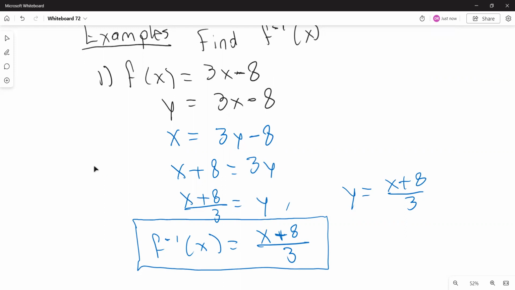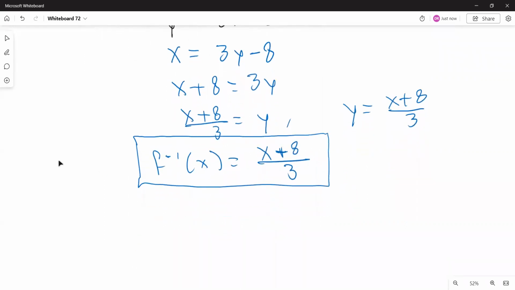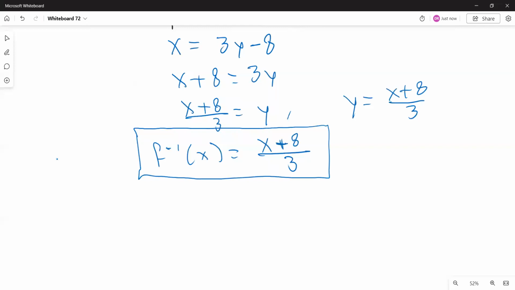Number 2. F of x is 2x cubed minus 6. If you want, you can rewrite y equals 2x cubed minus 6.